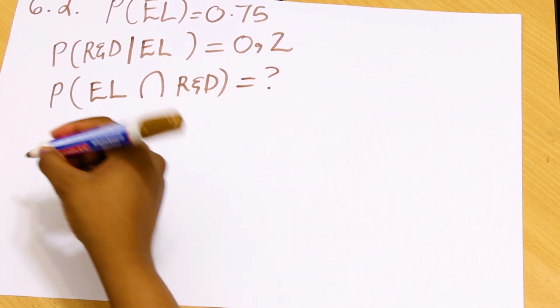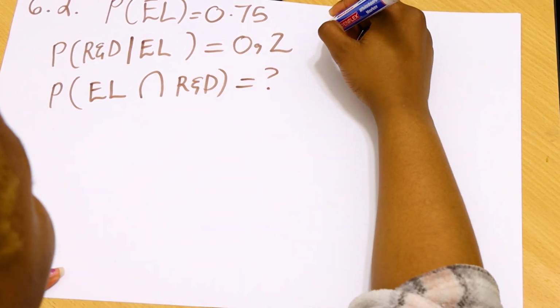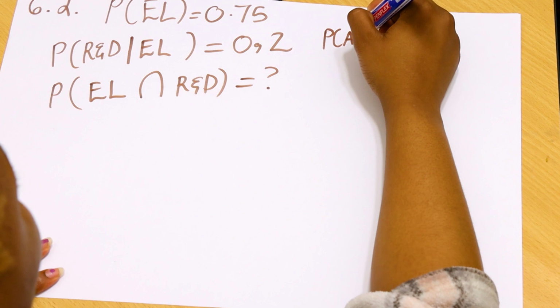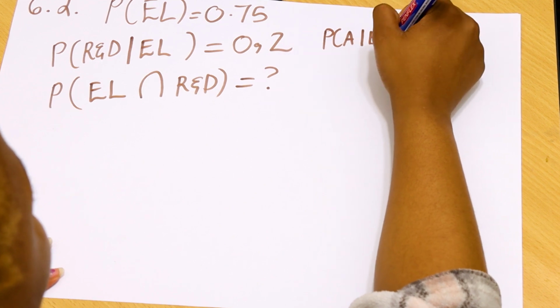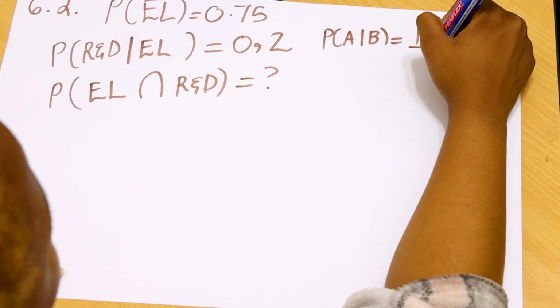We know that the conditional probability is the probability. Okay, let me just write here. The probability of A given B is probability of A and B over P(B).